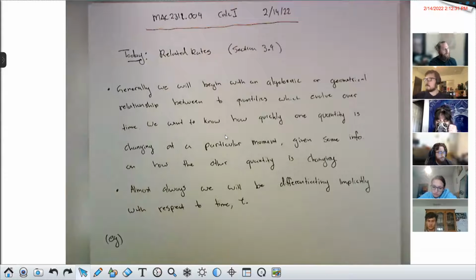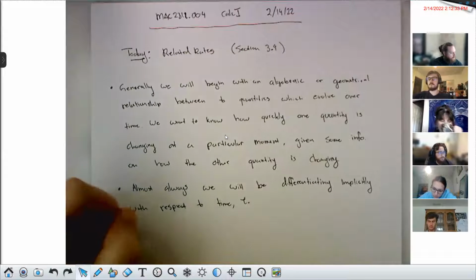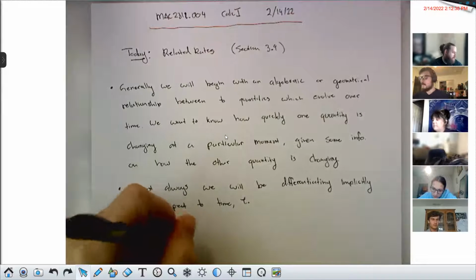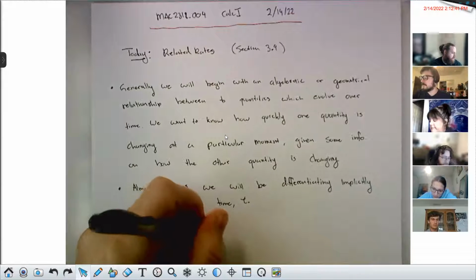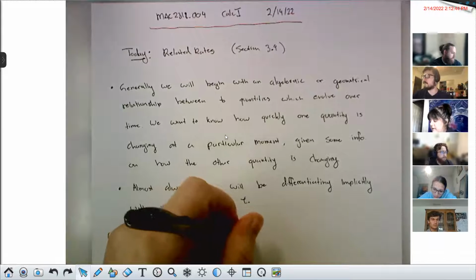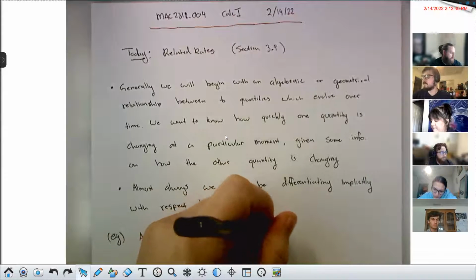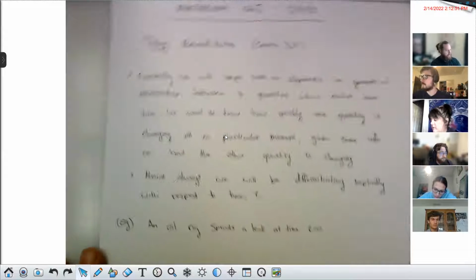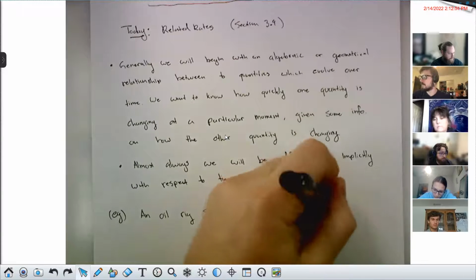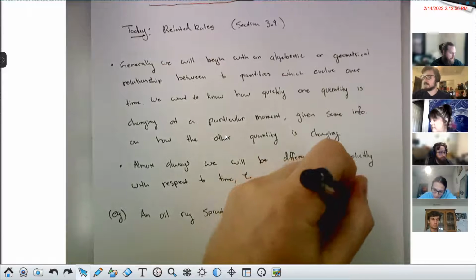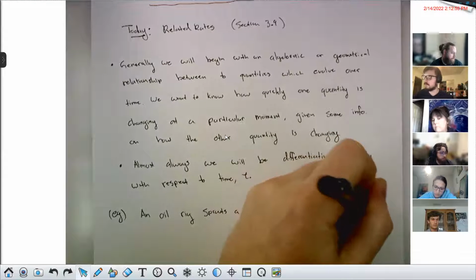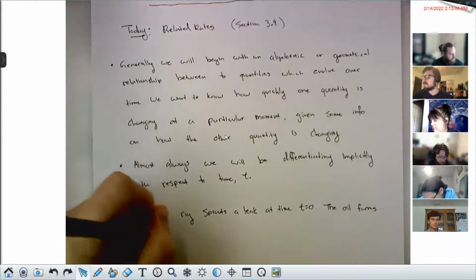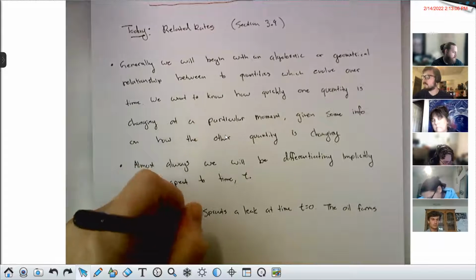So let's say an oil rig sprouts a leak at time t equals 0. The oil forms a circle on top of the water.